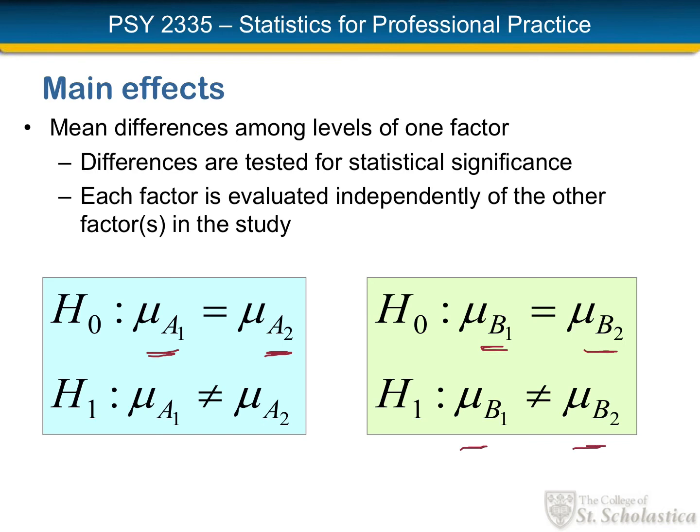If we have 3 or more groups, our null hypothesis says that all of them are equal, but we can't state our alternate hypothesis for more than 2 groups as a single equation because we don't hypothesize that all of them differ from each other. We just hypothesize that at least one differs from the others.